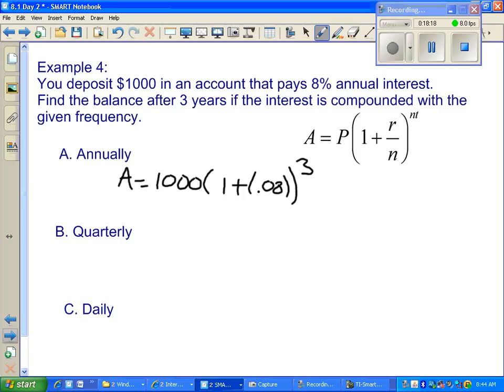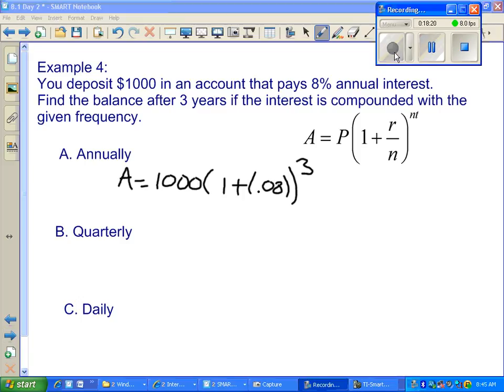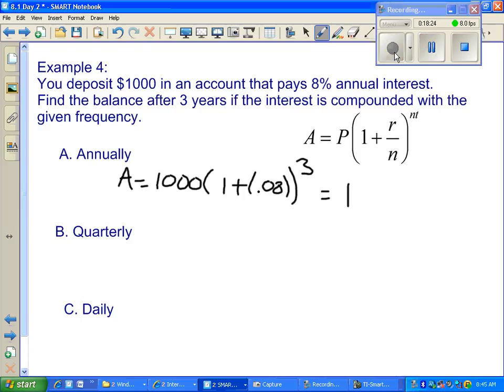So I am told that the answer is $1,259.71. If I'm compounding annually, that's how much money I will have after 3 years.